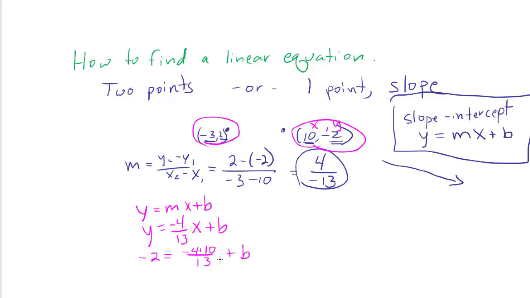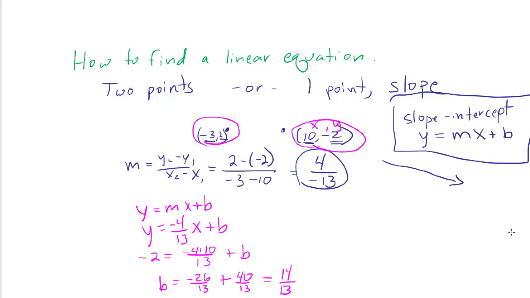So let's add 40/13 to both sides. b will equal -2, which is -26/13, expressing it as a fraction with a common denominator, plus our 40/13, which we add to both sides. The result is 40 minus 26 is 14/13. That's the value of b.